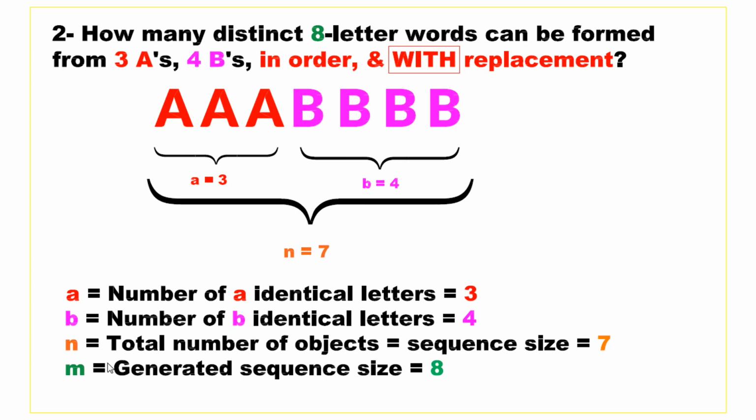However, the size of the generated sequence is 8, so it's bigger than the 7-letter word. So we are generating an 8-letter word, which means we may have 8 A's or 7, 6, 5, and so on until we have either 1 A or no A's, and the same is applicable for the letter B.